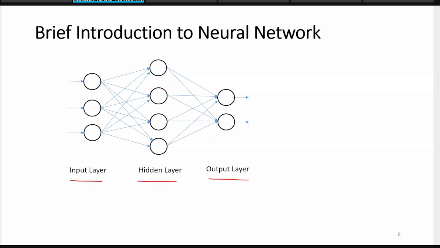Depending on the underlying problem, I am going to play with how the output layer will look. If I want to perform regression, the design of my output layer might be different. If I want to do a classification problem, the design of the output layer may be different. But in general, a very basic neural network may look something like this. This particular neural network, we generally call the multi-layer perceptron.